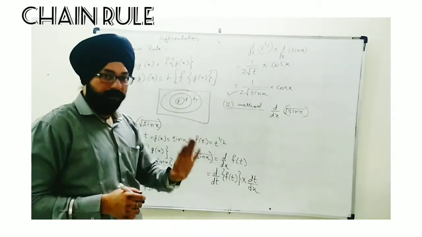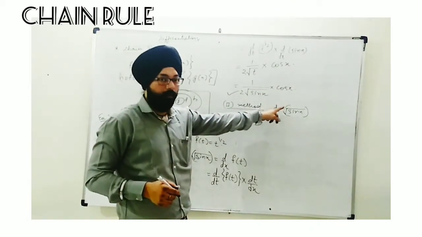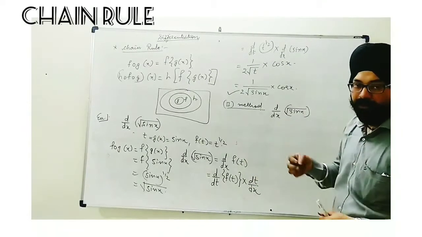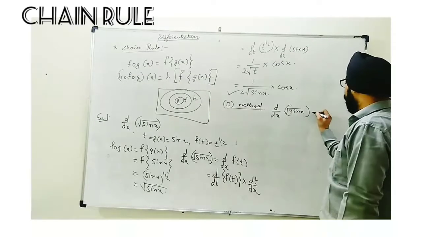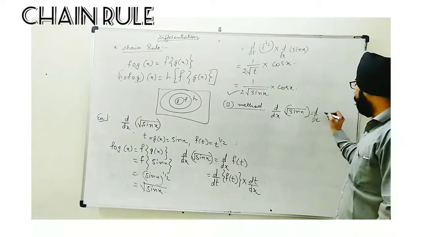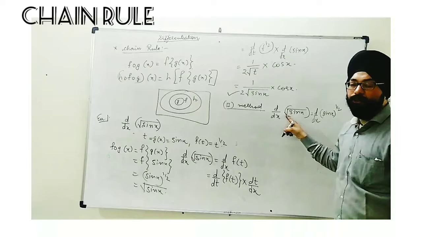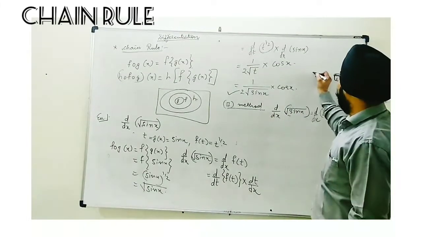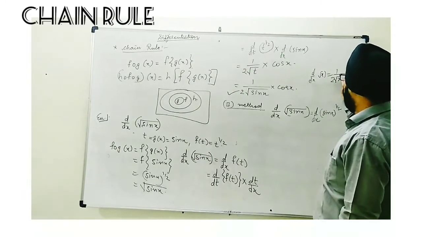Here we are having only two functions. The outermost function is the square root, the power, so we will differentiate according to power. Listen to my words, I will give you an example. d by dx of root sin x. Now root sin x is to be done. If you remember, this should be compared to some basic function. The basic function was root x. We know that d by dx of root x is equal to 1 upon 2 root x.